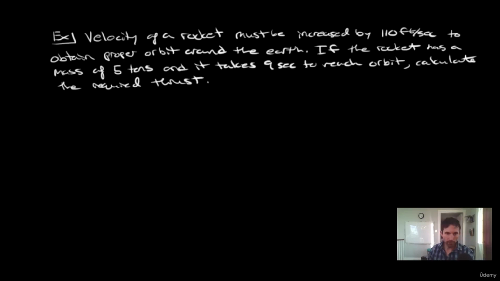Now that sounds cool, right? So how do we do that? Well, with our relationship between force and momentum. We don't know the final velocity, we don't know the initial velocity, but what we do know is the velocity must be increased by 110 feet per second. So that means we know the change in velocity.